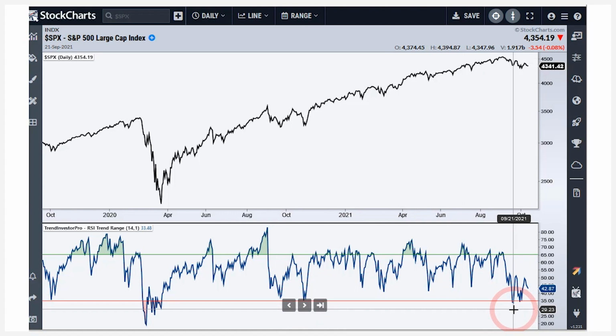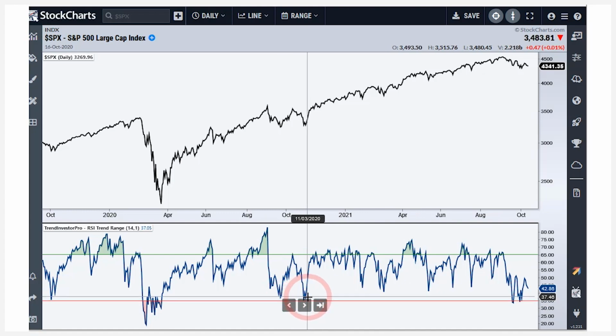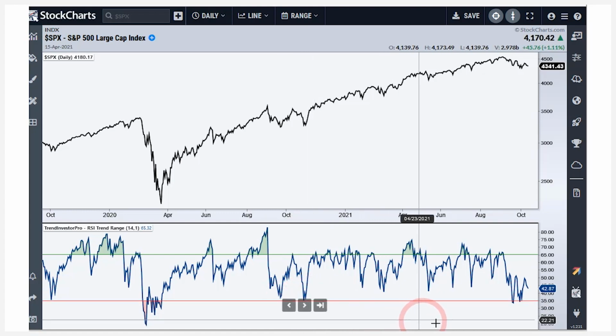So we got a dip below 35, and we got one here on September 30th. So, two dips below 35. That shows some pretty strong downside momentum, and that is the most downside momentum we've seen since the advance began.